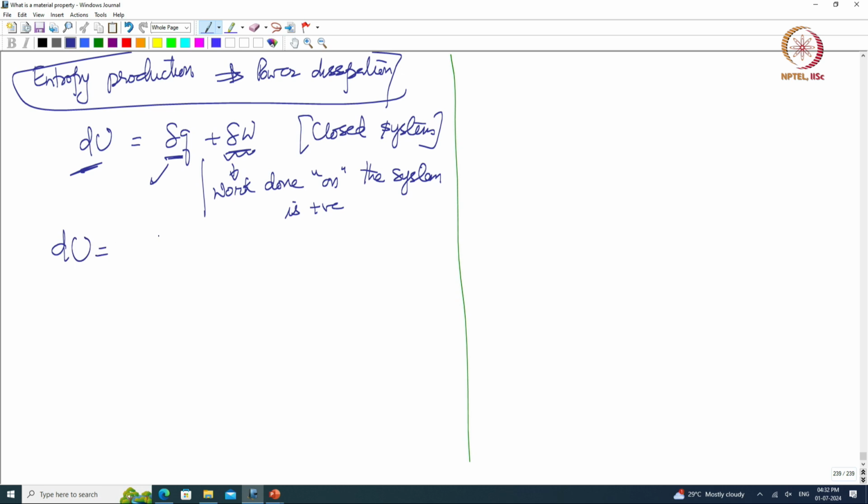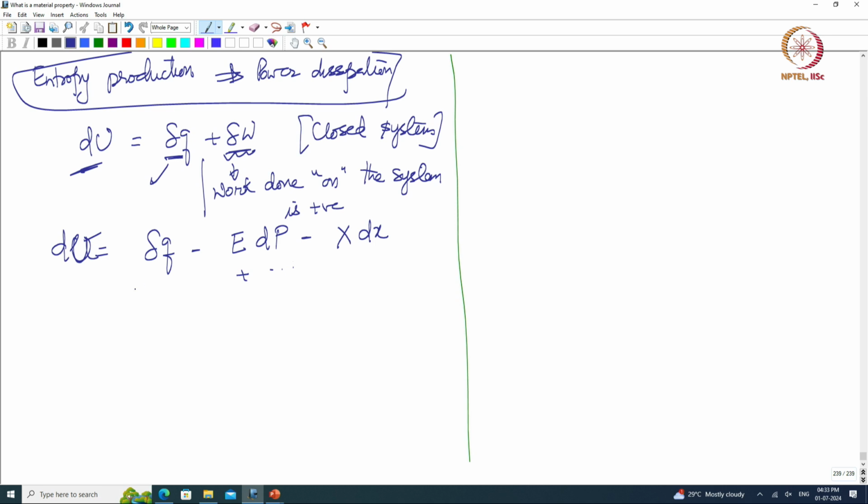Then dU is delta Q minus, so if I apply an electric field on the system, then I generate polarization, so it is minus E dP. Then I apply stress and generate strain, so it is capital X dx, and so on.